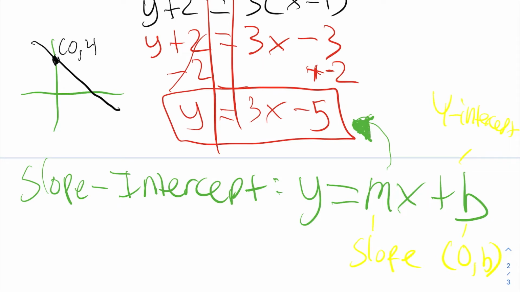So that would be right here. Say it's 0, 4, for example. So if you have the y-intercept and you know what the slope is, you are able to plug in to get an equation.